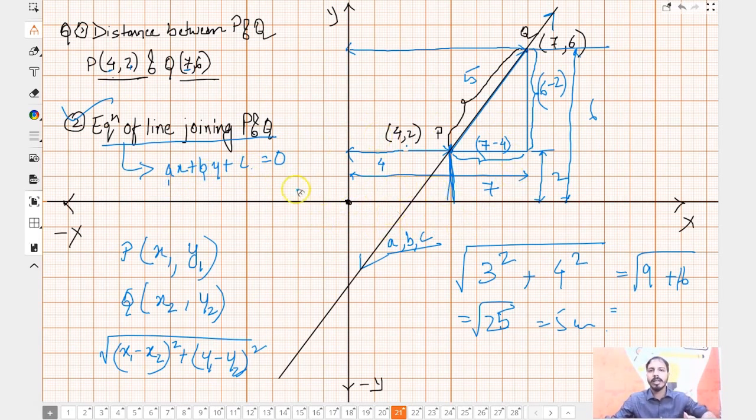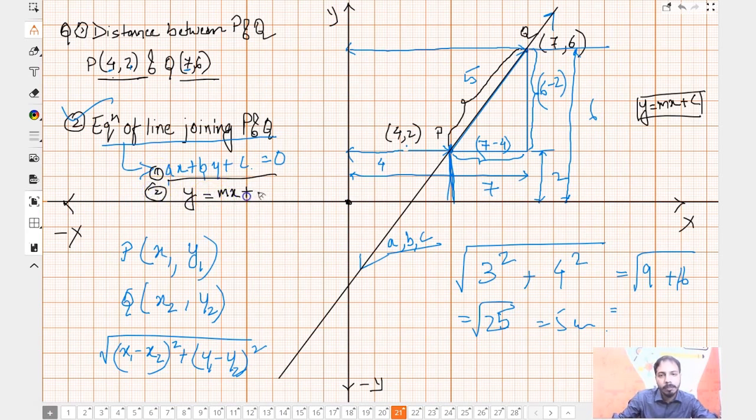So in this we can easily use the slope form. Slope form means nothing but y is equal to mx plus c. Okay, this is one more form. This is one standard form of straight line, and one more standard form of straight line is y is equal to mx plus c.